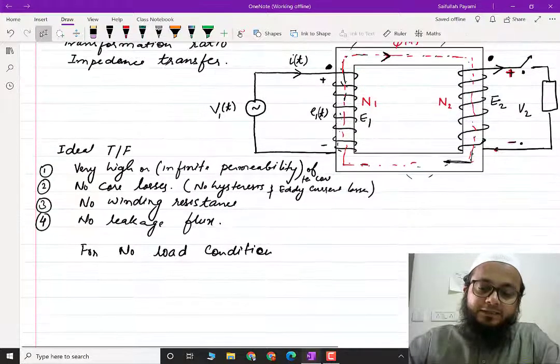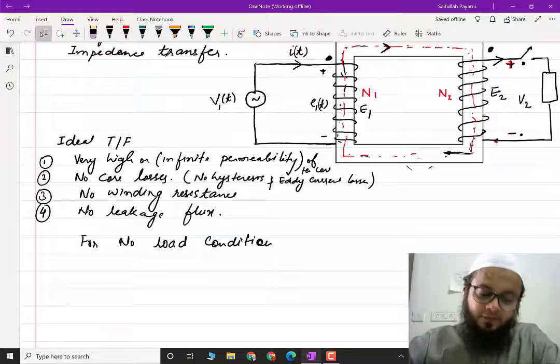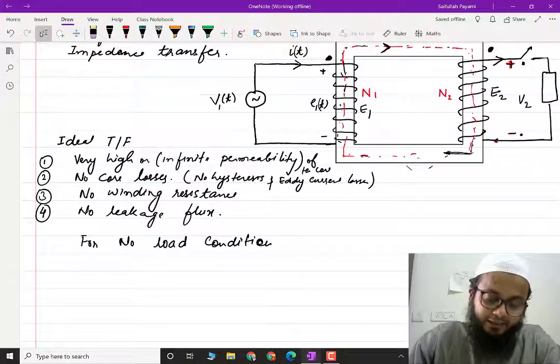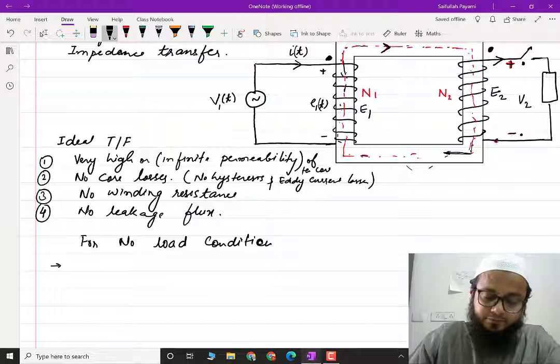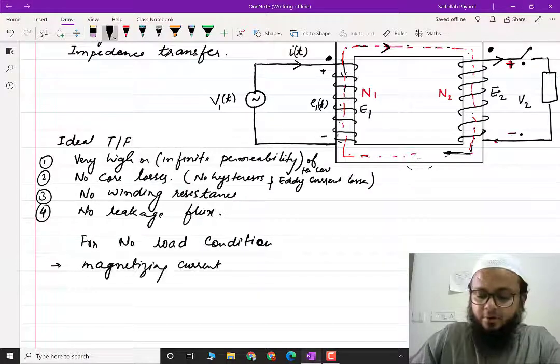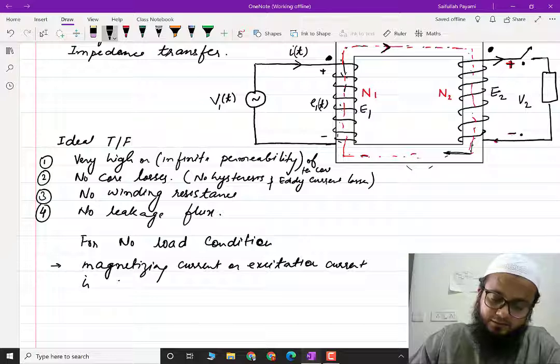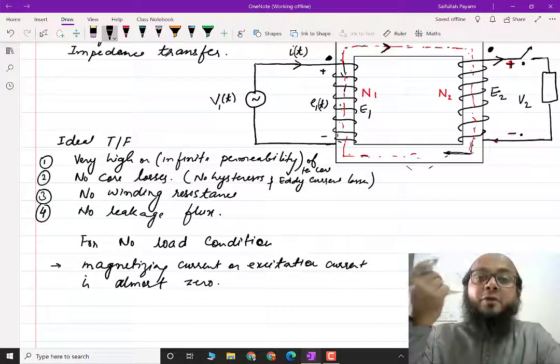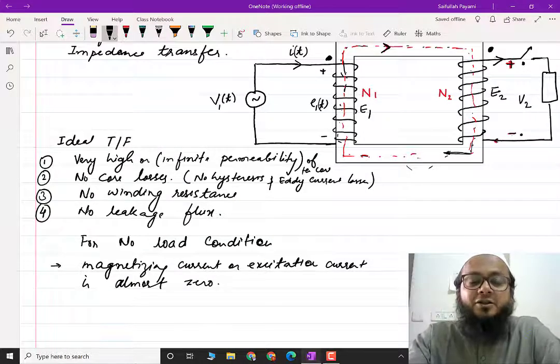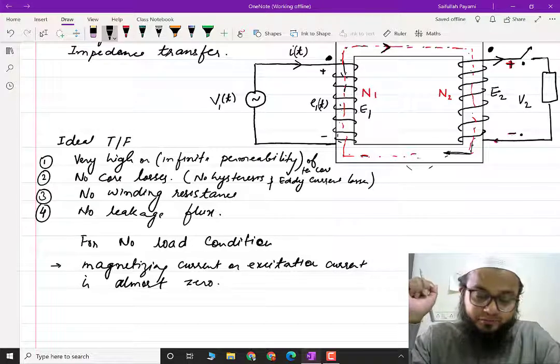For no load condition, since it has infinite permeability, the magnetizing current or excitation current is almost 0. So now you may question, if the current is 0, how is the flux produced?